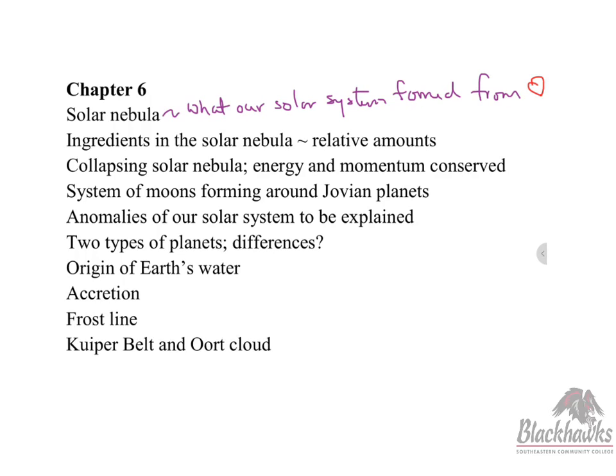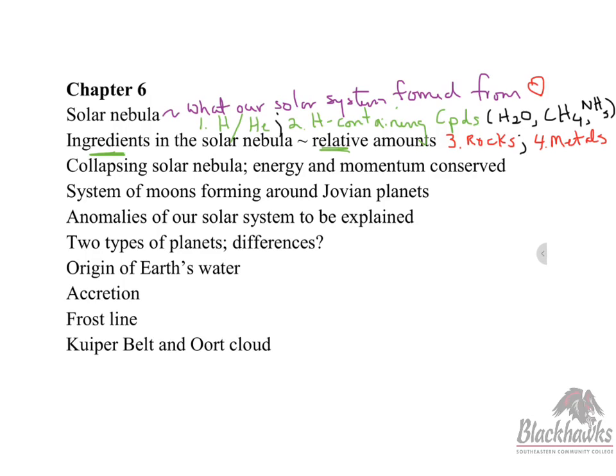So then chapter 6, okay, terms. First one is just solar nebula, and I say what our solar system formed from. And the next one's kind of related. Okay, the 4 ingredients, and they're in green and then red up here, the 4 ingredients in the solar nebula. Remember, hydrogen, helium was by far the most abundant in what ultimately became our solar system.